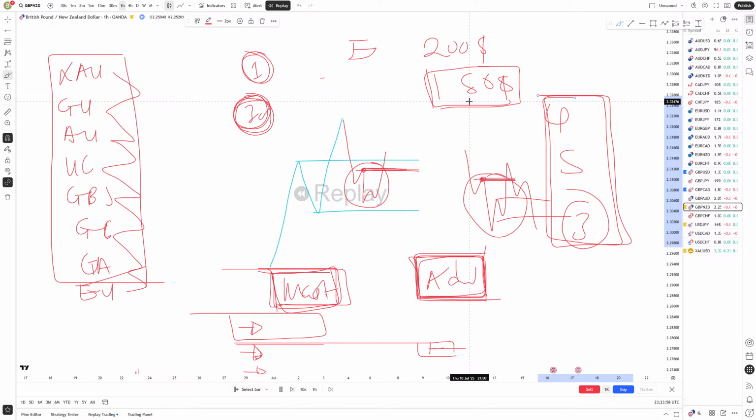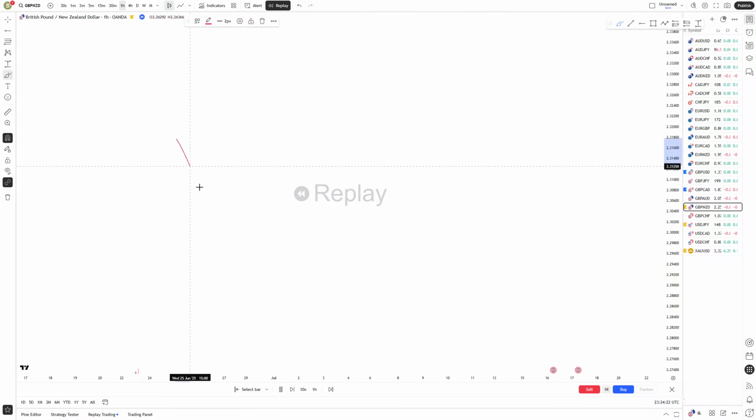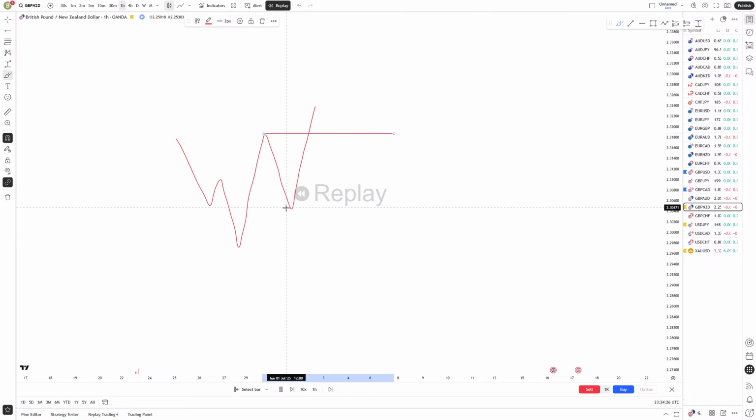BOS after the transition on the 4 hours, the same BOS is valid on the daily time frame. There's no clear... So you mean you have the break of market structure from the 4 hours after the transition like this, but if you go back to the daily, you don't see a clear break of market structure.